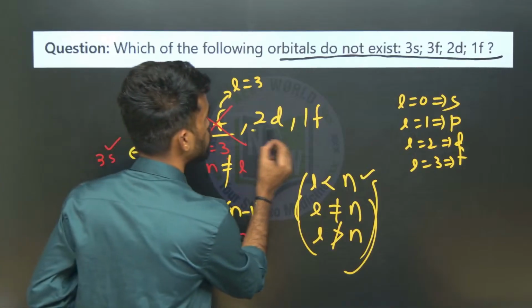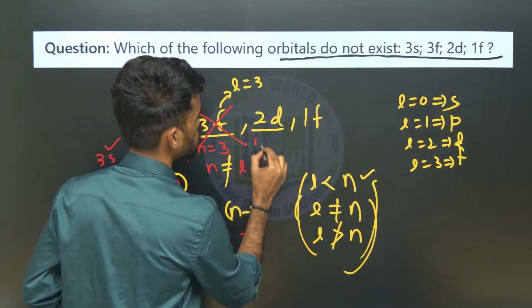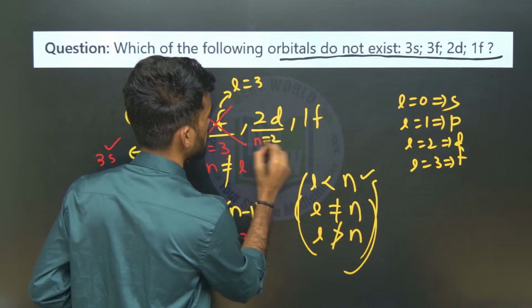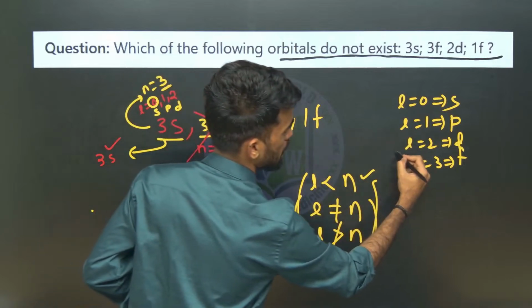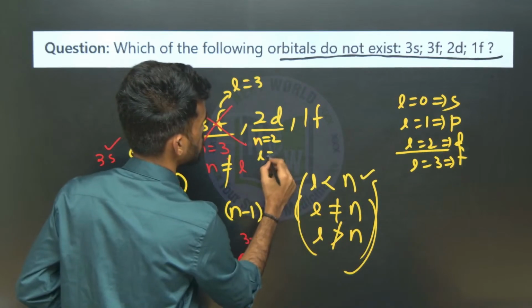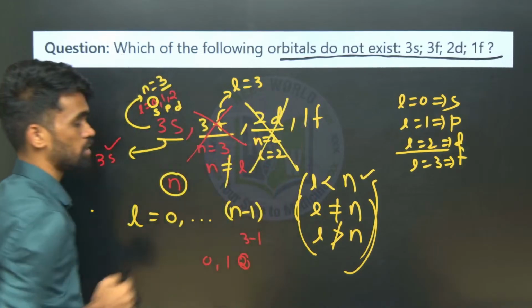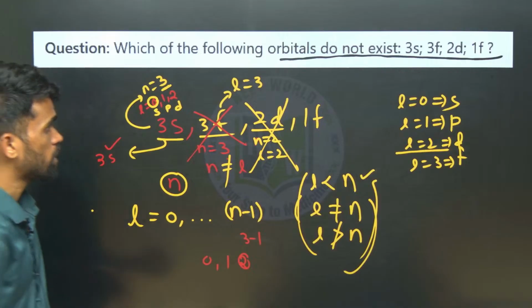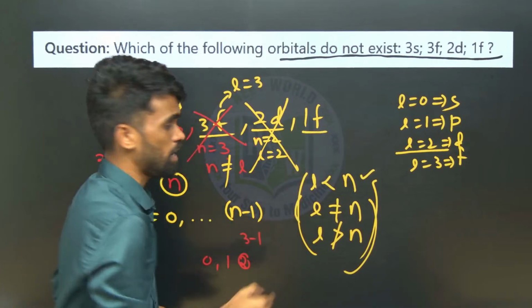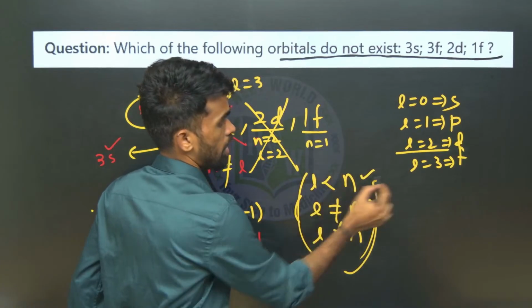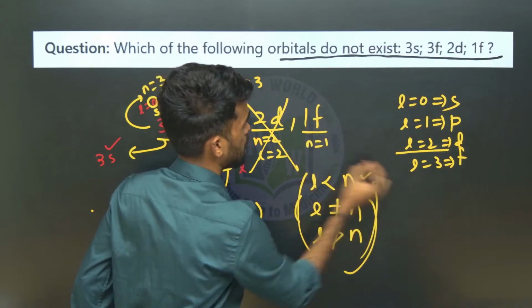Now what about 2d? See, n is 2, and for the d orbital what is its L value? It is also 2. So n and L are equal, so this is also not possible. Now what about 1f? The n value is 1, and for the f orbital L is 3.